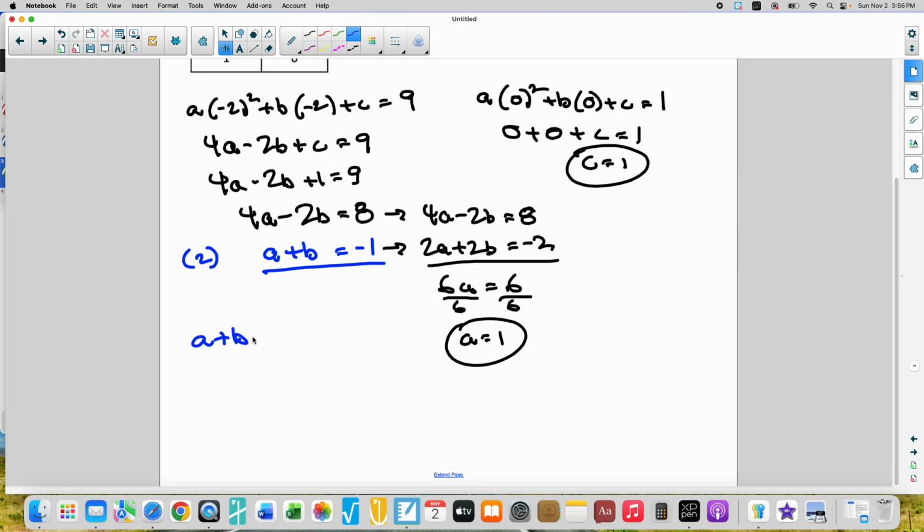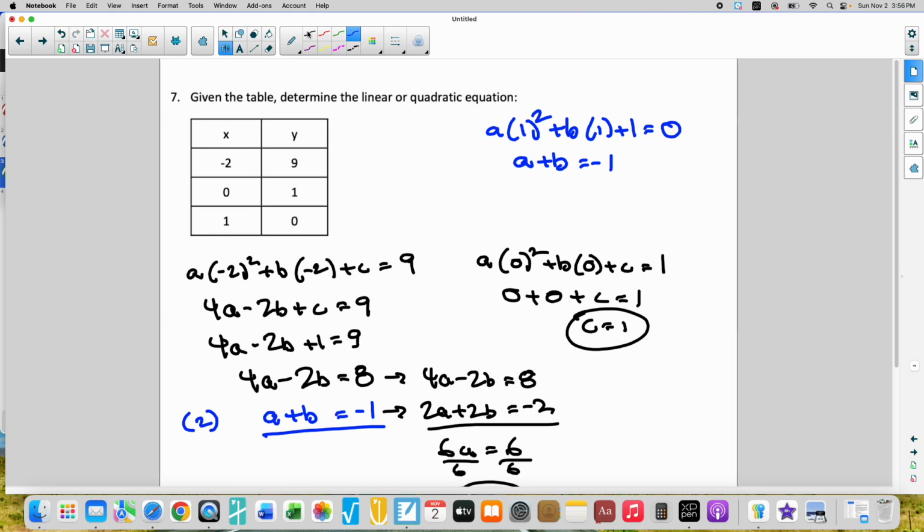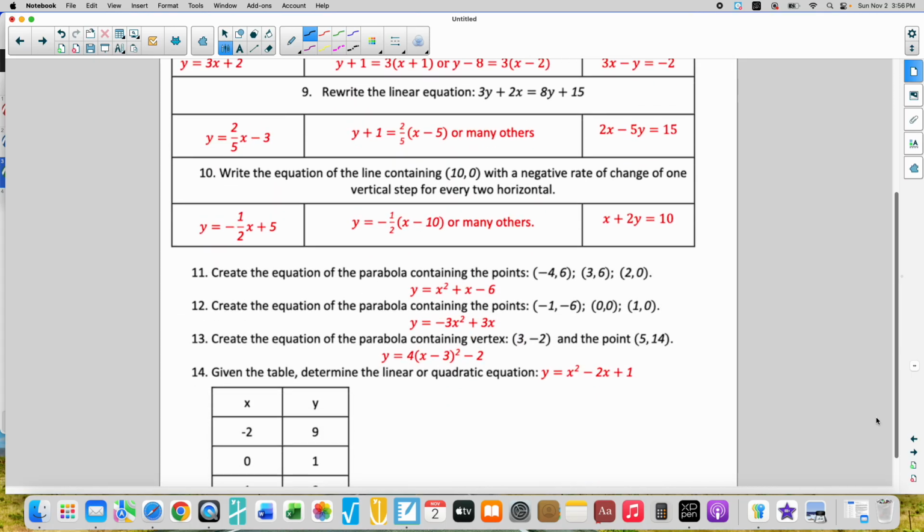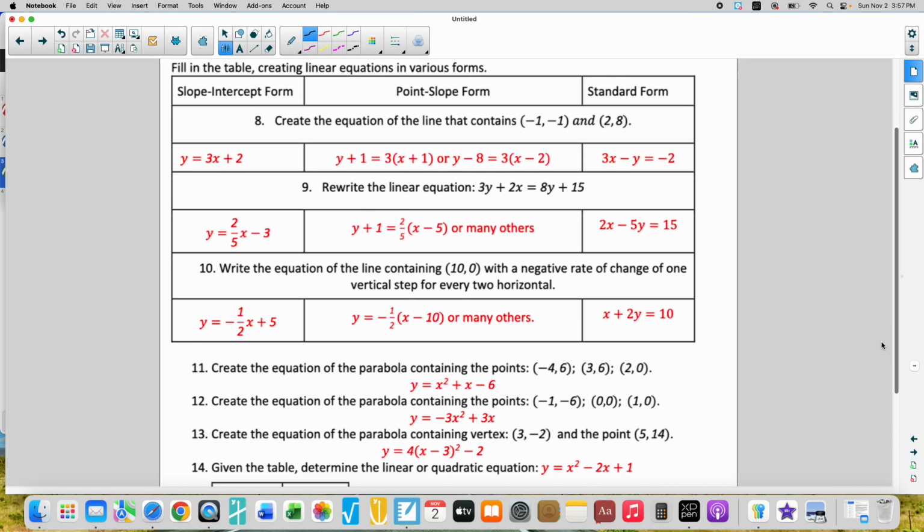A plus b equals negative 1, where a is 1, plus b equals negative 1, minus 1, b equals negative 2. And yes, my equation ended up being y equals x squared minus 2x plus 1. And that was the equation for the parabola. Y equals x squared minus 2x plus 1.